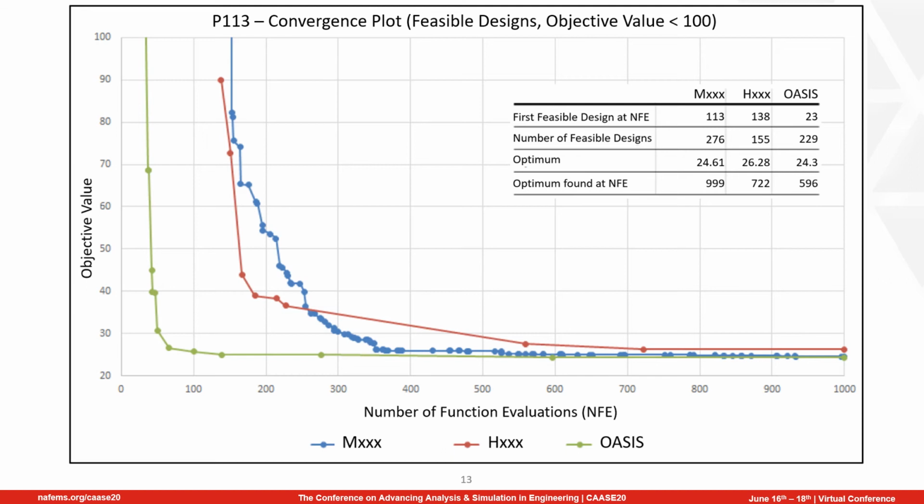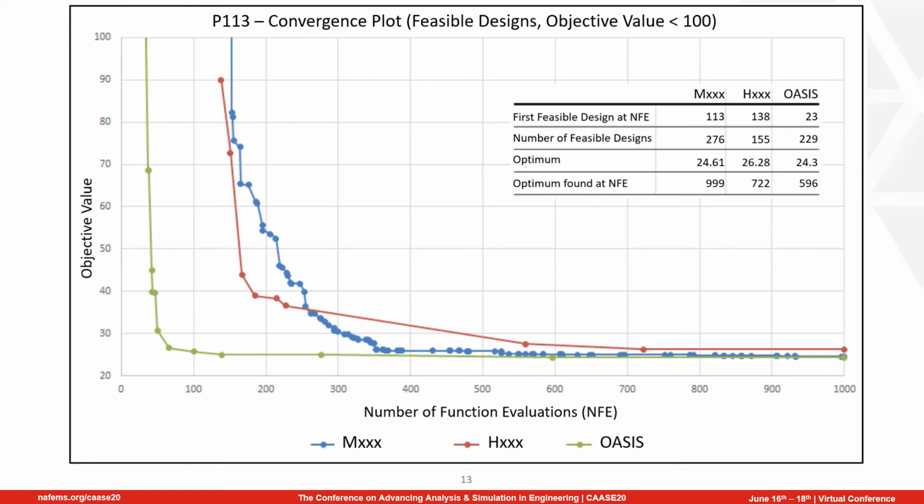The first one has 276 and the second one is 155. So the first one has a higher number of feasible designs compared to Oasis, where you can see from its blue convergence graph, there are very similar, very close values of feasible designs being found.